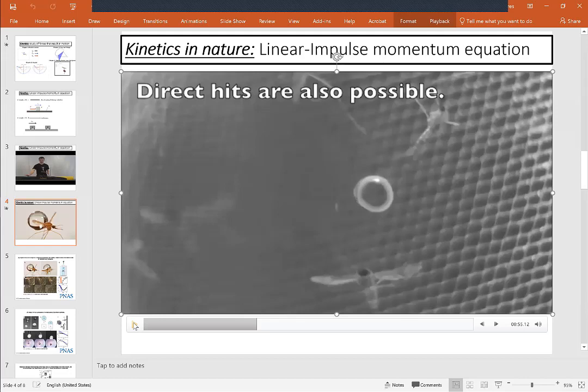And when you have elastic collisions, energy is conserved. The raindrop keeps all its kinetic energy, or most of it, and keeps falling fast, and the mosquito can keep flying by having this incredible adaptation.